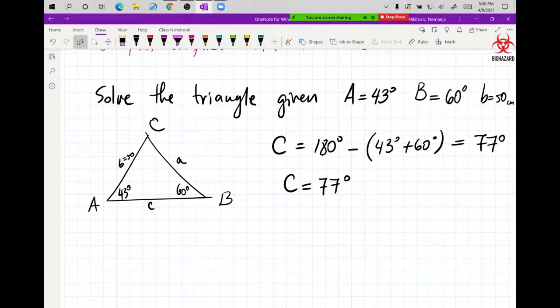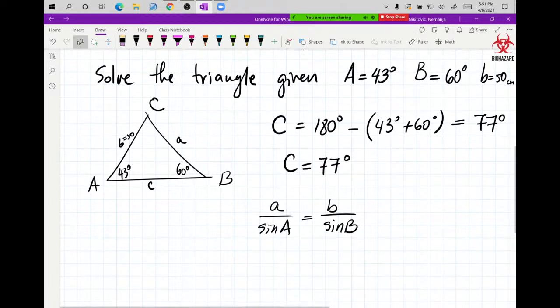So a over sine of A is equal to b over sine of B. And you can calculate side a using this part of the formula. The formula is a triplet, right? So you can pick any combination.